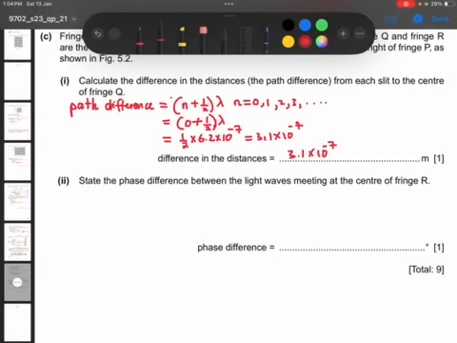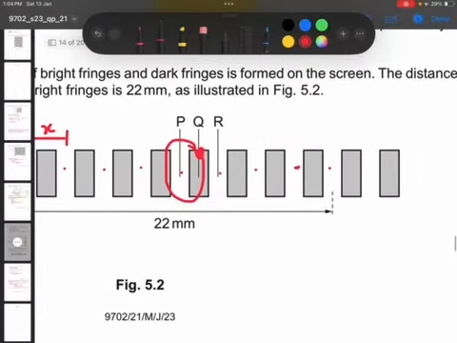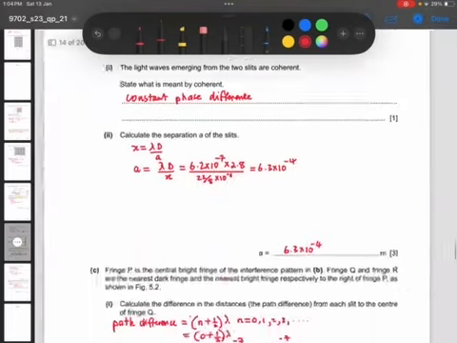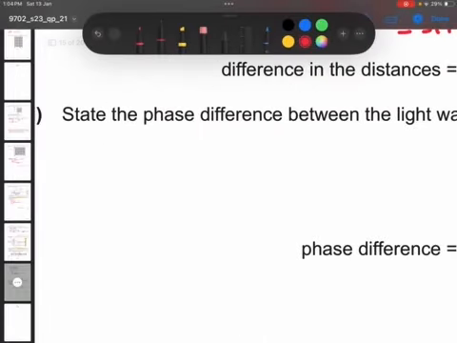Then the question asks you for the path difference between the light waves meeting at the center of fringe R. Now, fringe R is different. Fringe R is the second bright fringe from the central bright fringe. Remember this path difference is for the double slit experiment.